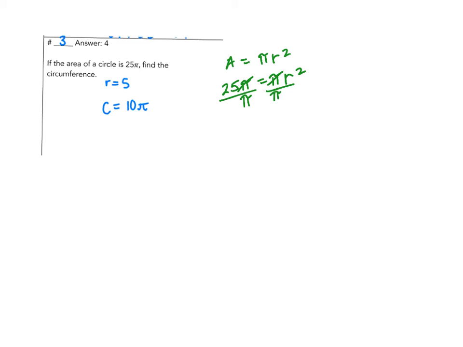You're just dividing by pi on both sides. So the pi's cancel, and you just have that 25 is equal to r squared. So of course, if we take the square root there, we now know that the radius is 5. And then I can find my circumference, because circumference is 2 pi r. So 2 times 5 is 10, and that's how he got 10 pi for his answer.